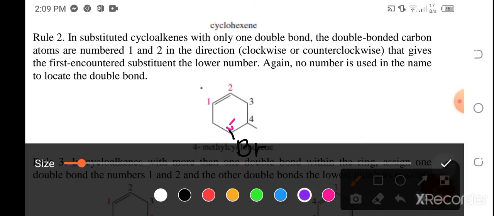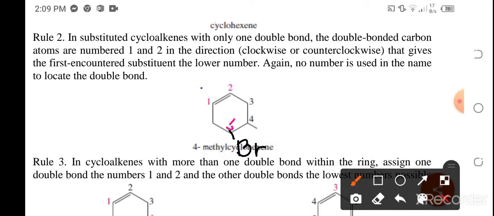However, if we are going to number it from right to left, counterclockwise rather, this is 1, 2, and then 3, 4, and 5. So kung makikita natin, the first encountered substituent on the clockwise numbering is on the fourth. Same is true for the counterclockwise numbering. That's the first encountered substituent would be on the fourth.